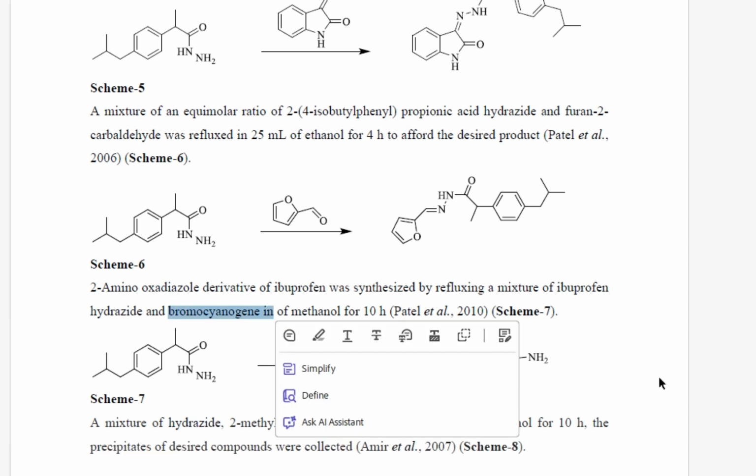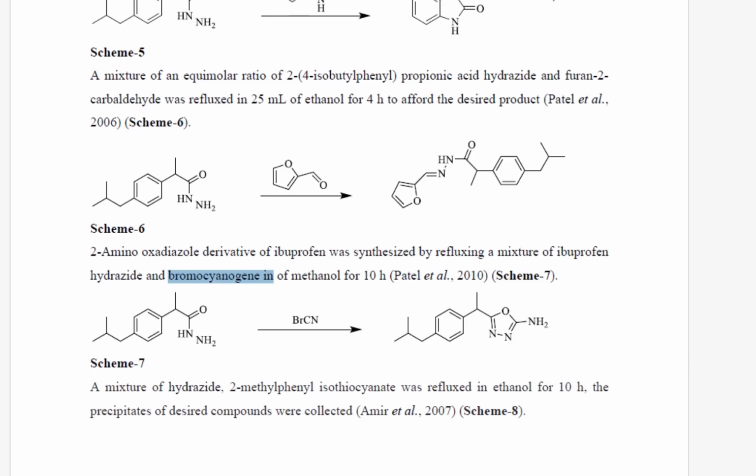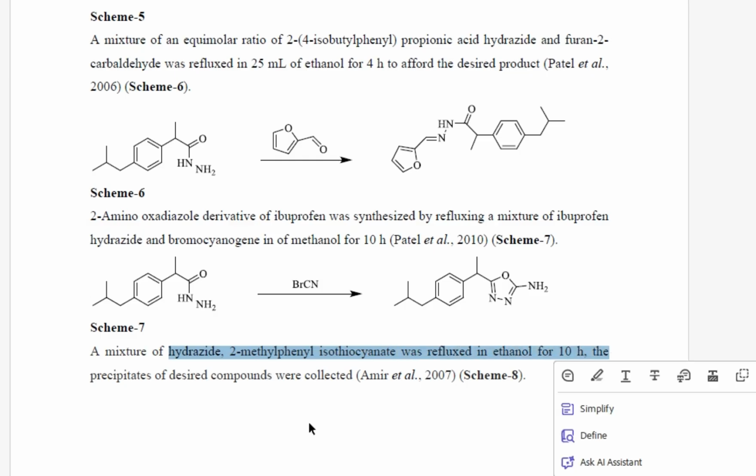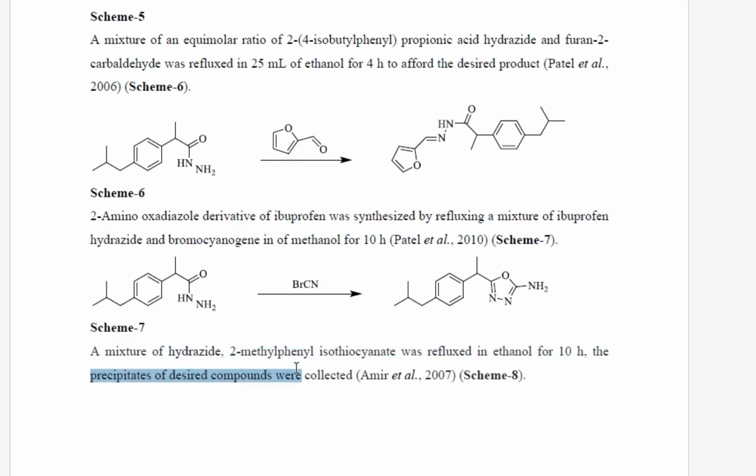There is also another approach that is very efficient. A mixture of hydrazide and methylphenyl isothiocyanate was refluxed in ethanol for 10 hours. Precipitates of the desired product were collected. So what actually happened?